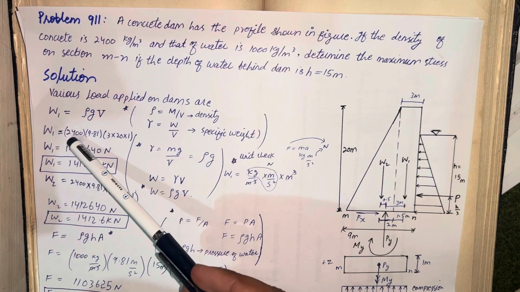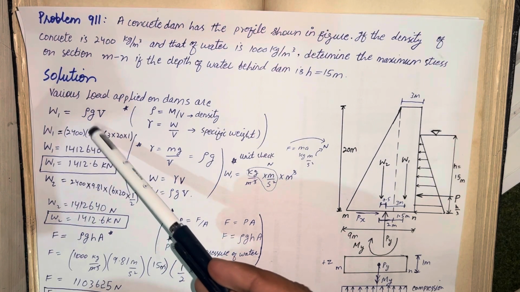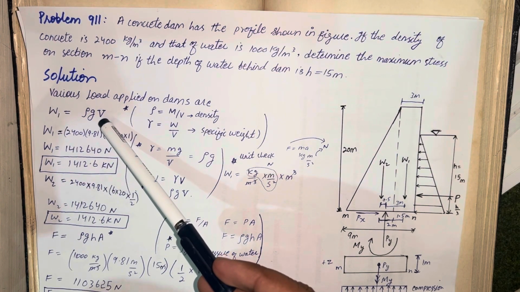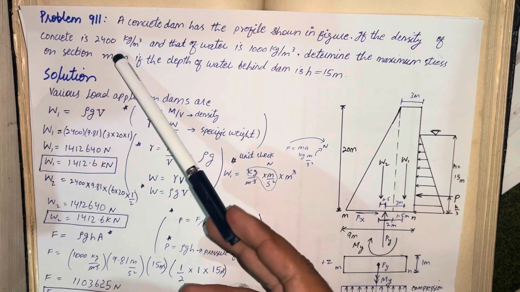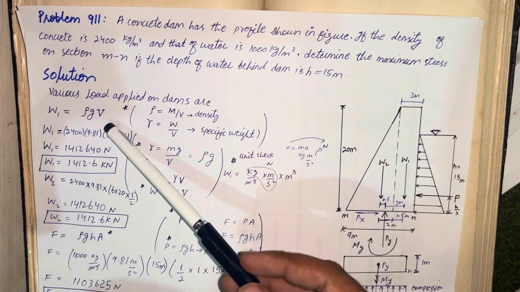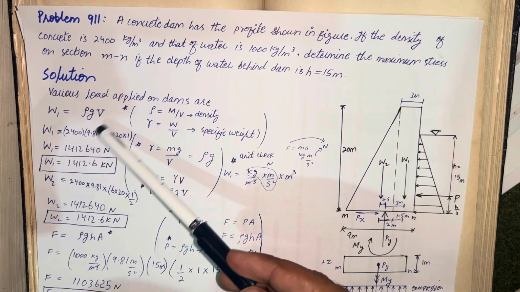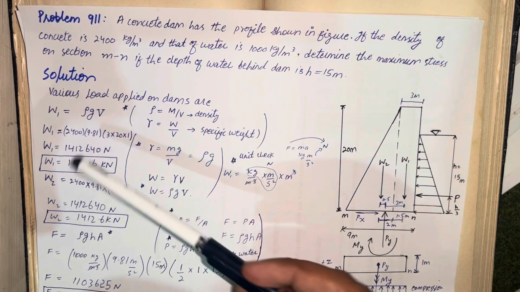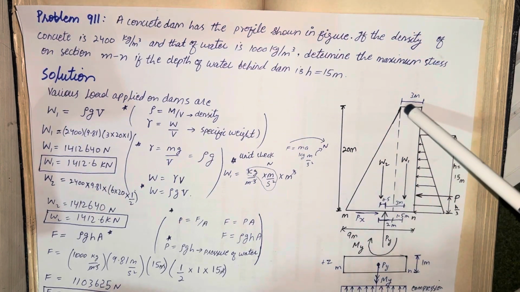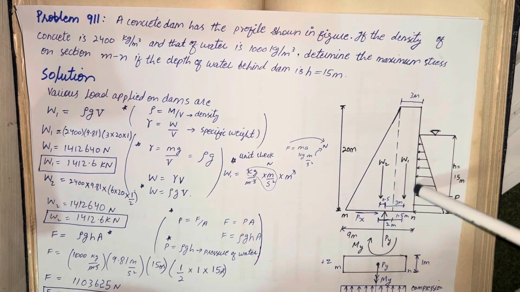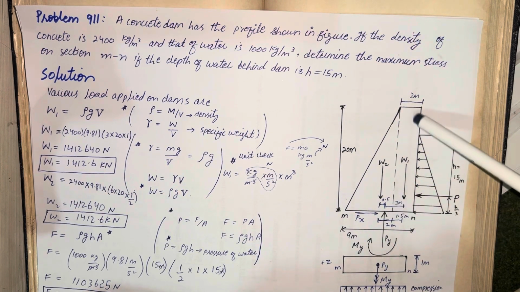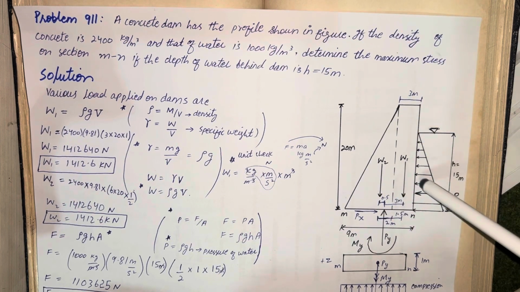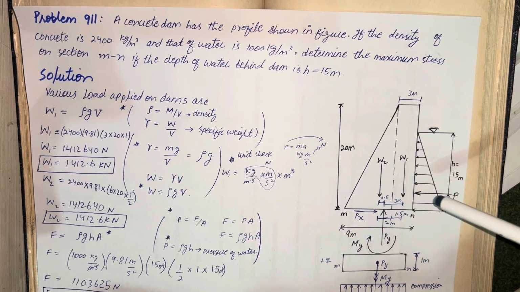So here W1 will be equal to rho, which is the density of the concrete dam, which is equal to 2400. Then g is 9.81, and the volume is the volume of this W1 area. W1 is a rectangular area. Here the volume is 3 into 20 multiplied by 1. Its length is 1.